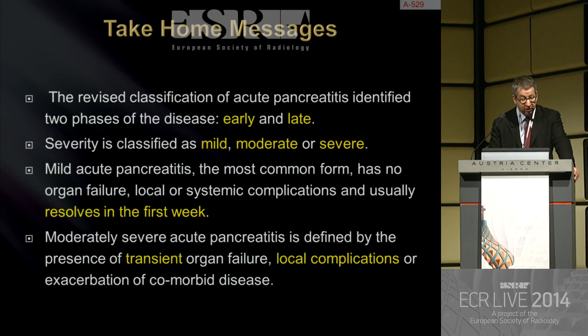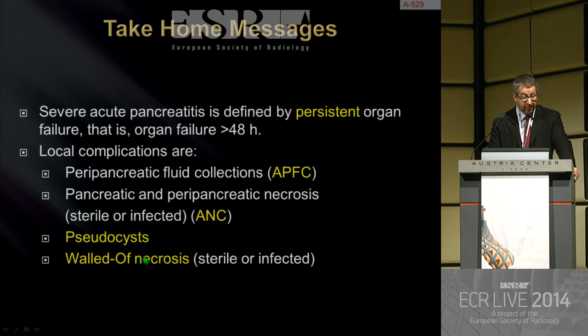The second grade, moderately severe acute pancreatitis, is defined by the presence of transient organ failure, local complications, or exacerbation of comorbid disease. And severe acute pancreatitis is defined by persistent organ failure, more than 48 hours.